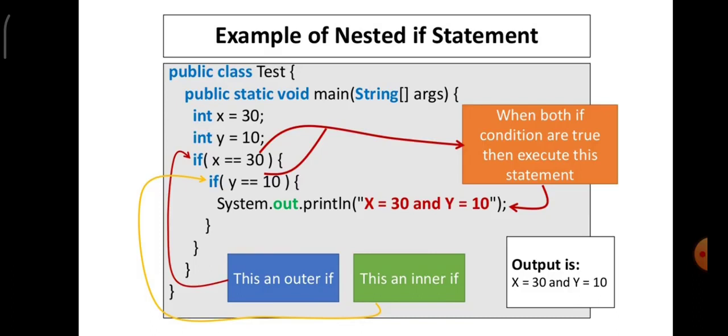We are going to check if x is equal to 30. Now what will happen in that statement? In the place of x, 30 will come. So ultimately you will have 30 equal to 30, which means the condition is true.